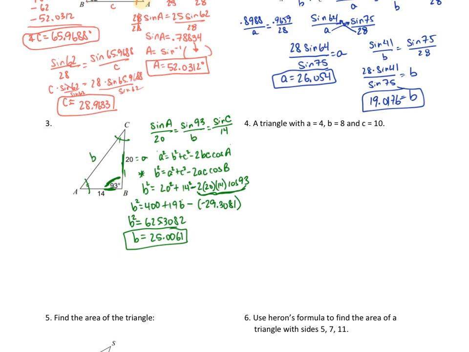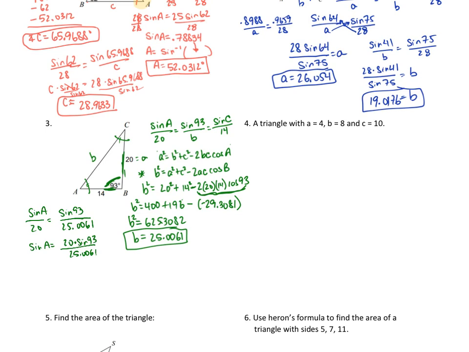So I know the answer for b. I can put it right up in here, and then use it to solve either this ratio or this ratio. Let's use the first one. The sine of A over 20 equals the sine of 93 over little b, which is 25.0061. Cross multiply, and you'll end up with the sine of A equals 20 times the sine of 93, all divided by 25.0061.